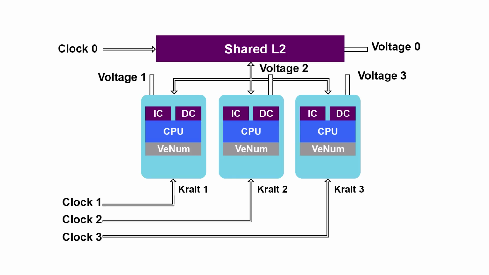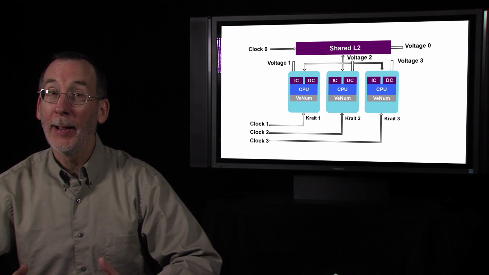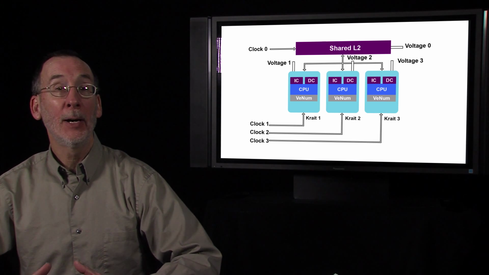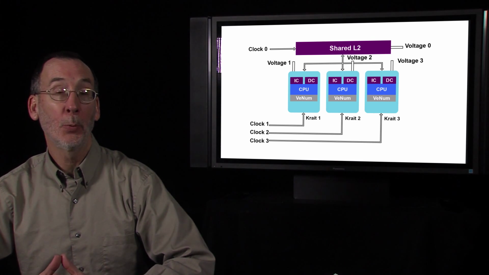Now, in order to have this independent operation of each of the CPUs, we allow the L2 to run off its own clock and its own voltage. So now when we have an L1 cache miss, the number of cycles to access the L2 will depend on the speed that the processor is running at. And again, we arrange the chip in this way in order to minimize the amount of energy that we use in our SoC so that our batteries will last longer.